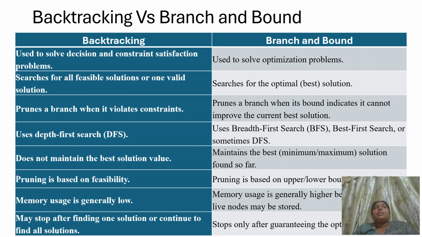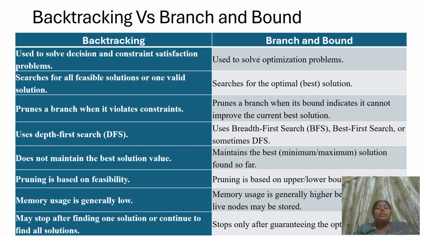But there are some major differences between backtracking and the branch and bound technique. One such difference is that backtracking is normally used to solve decision problems only. We just find a set of solutions.